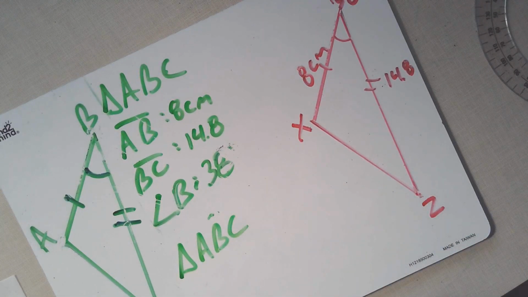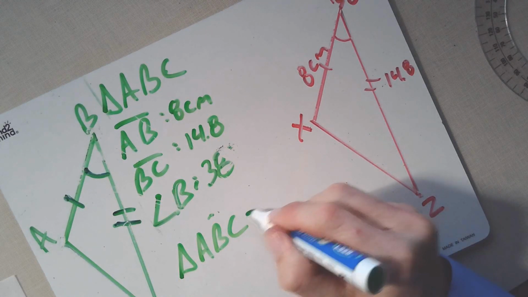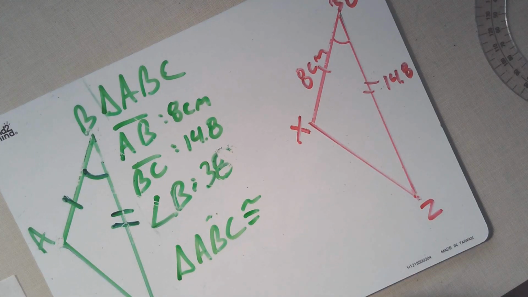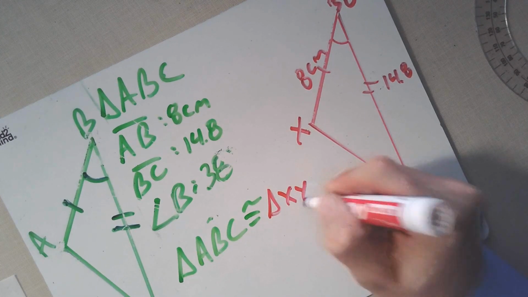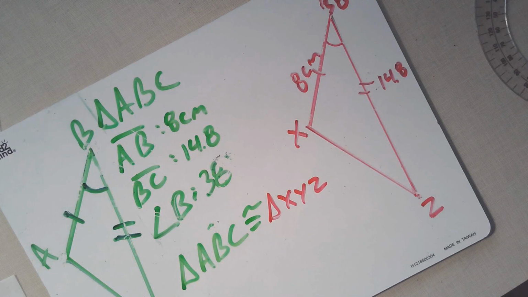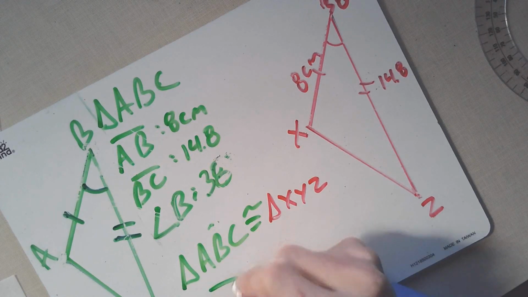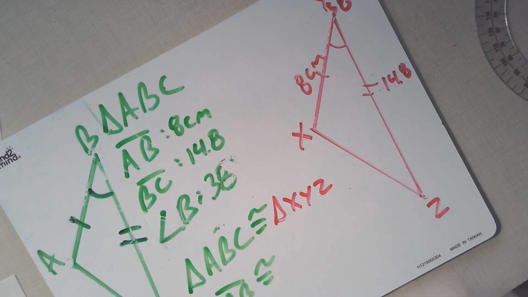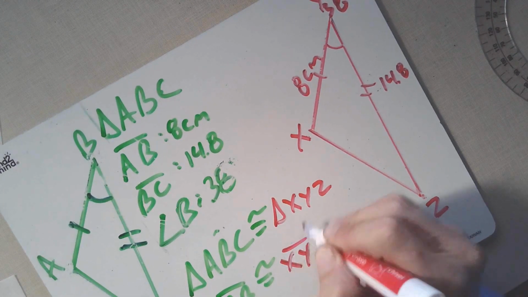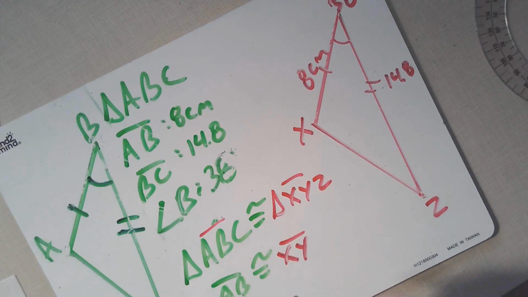you say that triangle ABC is congruent to triangle XYZ. In order for that to be true, line segment AB is congruent to line segment XY. It's there and there.